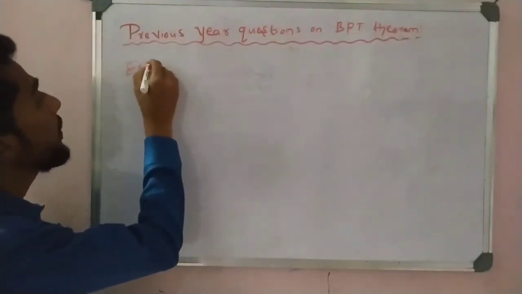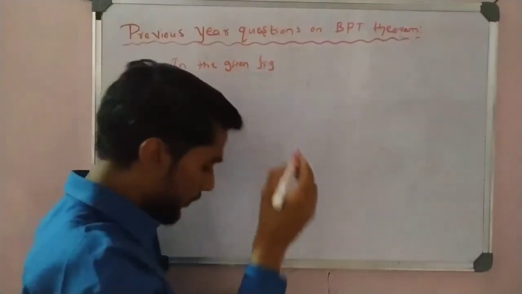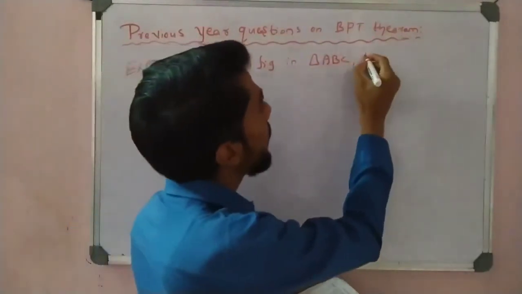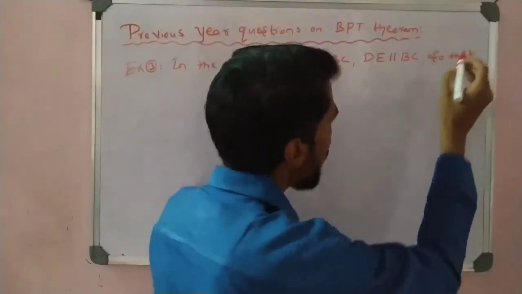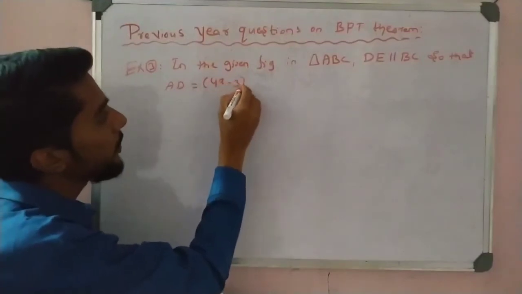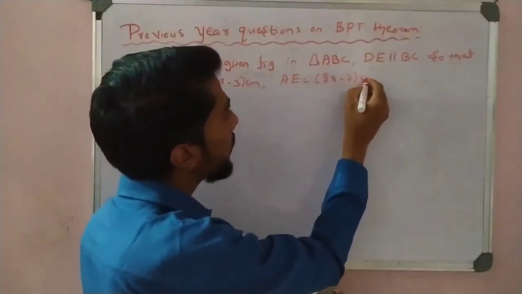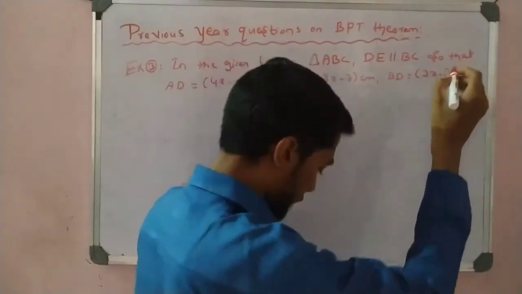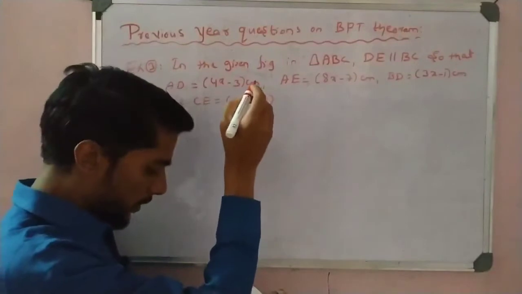Example number 3: in the given figure, in triangle ABC, DE is parallel to BC, so that AD is equal to 4x minus 3 centimeter, AE is equal to 8x minus 7 centimeter, BD is equal to 3x minus 1 centimeter, and EC is equal to 5x minus 3 centimeter.